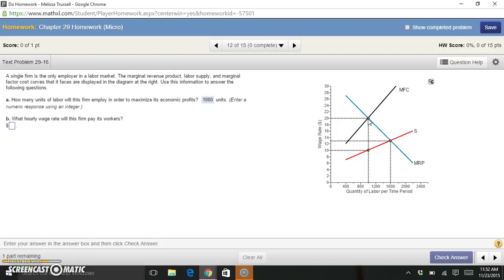How much are people willing to pay for it? That's how much we charge. So the flip side for the labor market is that we determine our number of workers based on where marginal cost equals marginal revenue, which we've already done. That's 1,000. But then how do we determine how much we want to pay them?